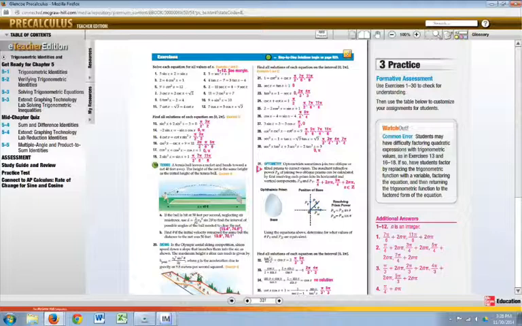And I'm going to say secant squared x tan squared x minus 2 tan squared x equals, and I'm going to subtract this 3 secant squared from both sides. So I'm going to say 3 minus 3 secant squared x. Now, the thing is, as I was going through this, wait a minute, I got a 3 and a 3 here.